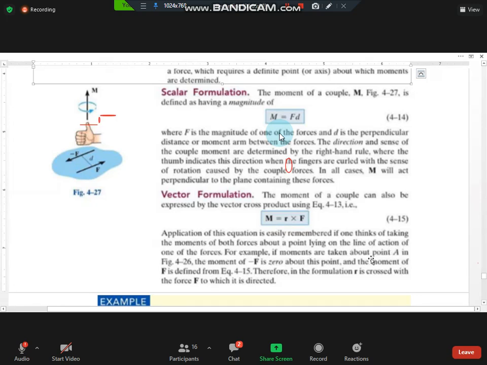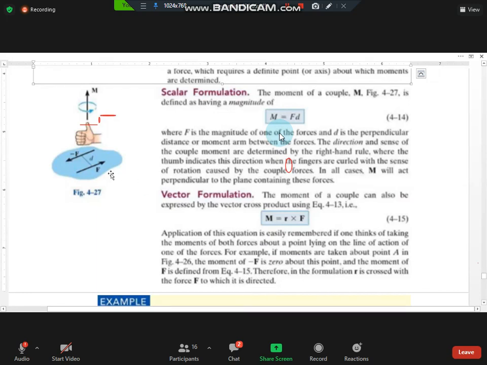For example, if the moments are taken about A in figure 4.26, the moment of minus F is 0 about this point, and the moment of F is defined in equation 4.15. Therefore, R is crossed with the force F to which it is directed.